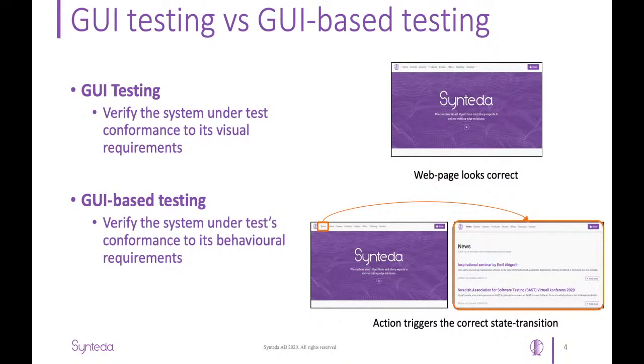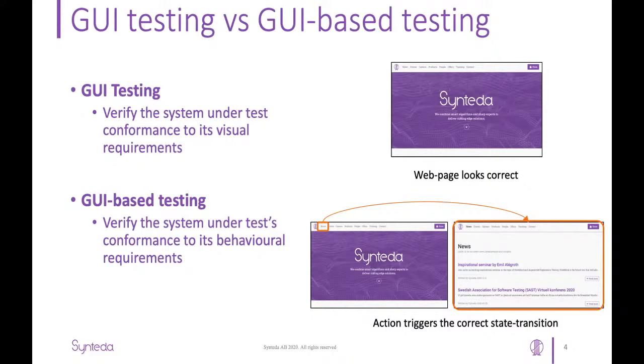So I've been talking about UI testing and also UI-based testing, and it's important here that we have a distinction between the two, where UI testing is about how we test the visual appearance and the look and feel of the application under test.